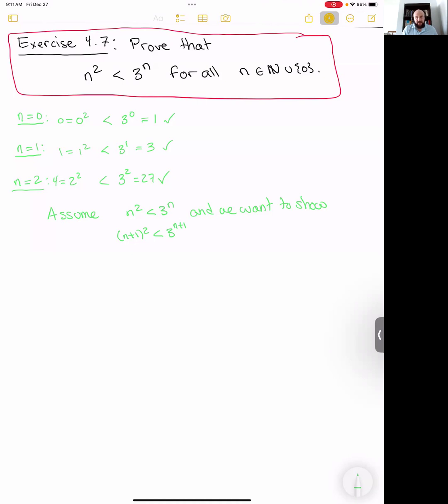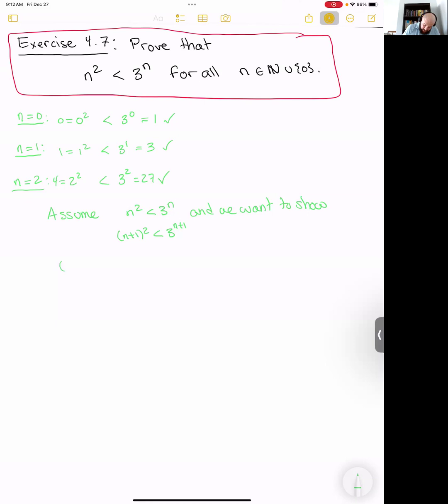Because we have an inequality, and students often are not used to working with inequalities very much, you're used to working with equalities. When you're doing equalities, you have to just use algebra, be a little bit clever in how you group terms, but you need things to be exactly the same. But when you're doing inequalities, you're allowed to grossly estimate things sometimes. What do I mean by that?